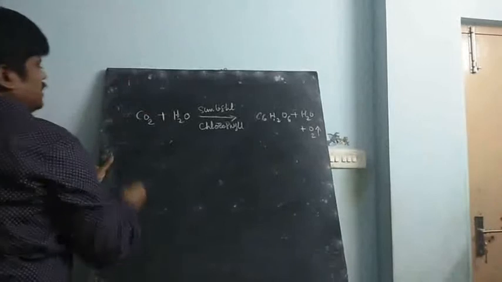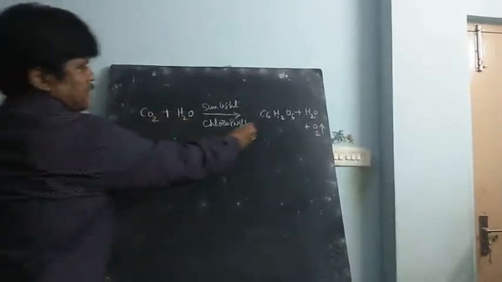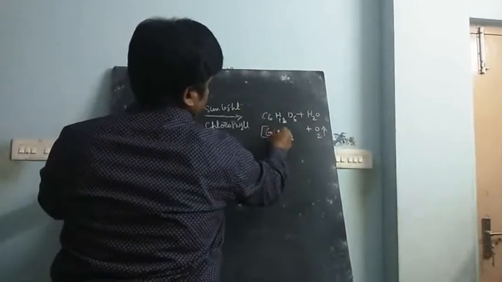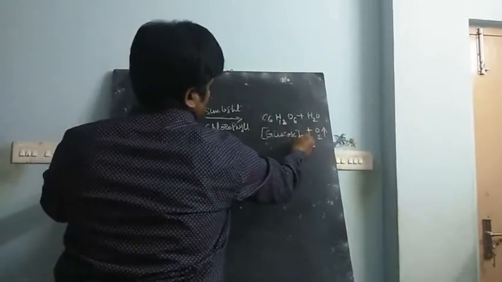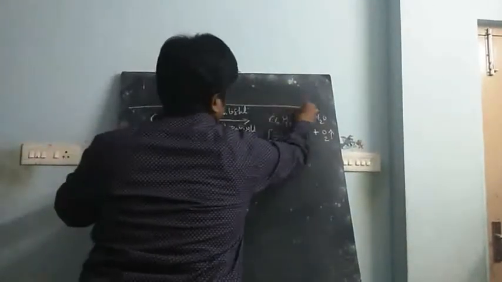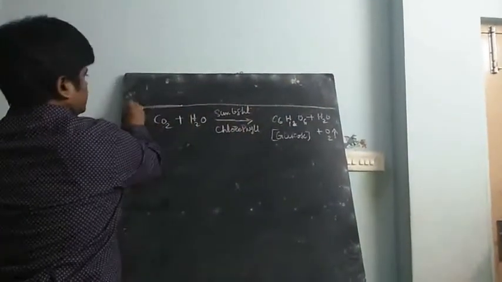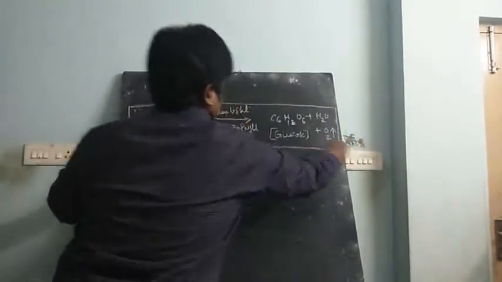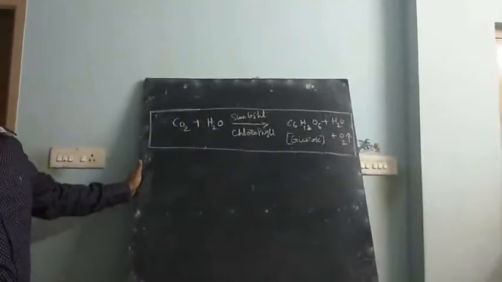Here we have carbon dioxide, water, and C6H12O6, which is glucose. This is the equation of the photosynthetic activity.